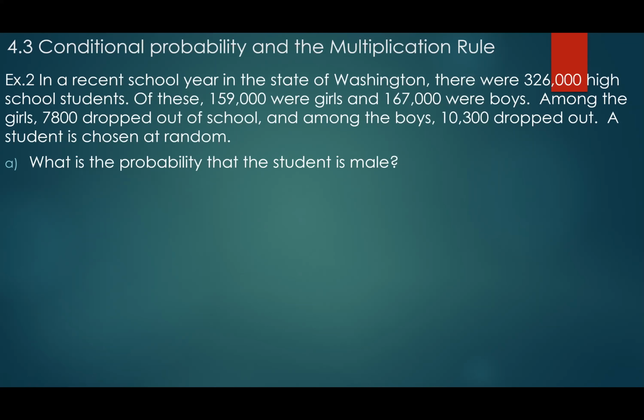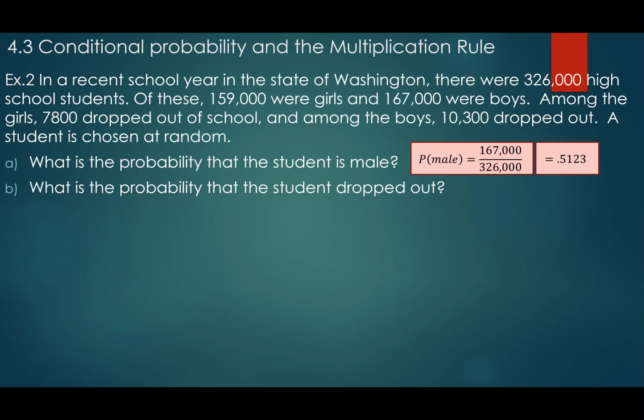Very easy. All I need to do is take the boys and divide by the total, which is 167,000 divided by 326,000, which is 0.5123. As you can see, this is just simple probability. How simple? Only one item, which is the male.